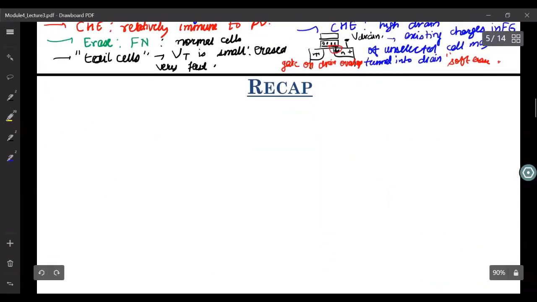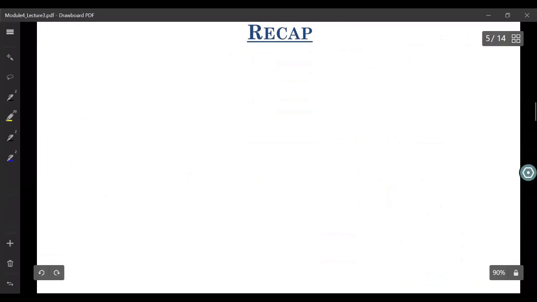Okay. Then we were also discussing retention. How do we define retention? We define retention as the ability of any memory to retain the state. What is that state?